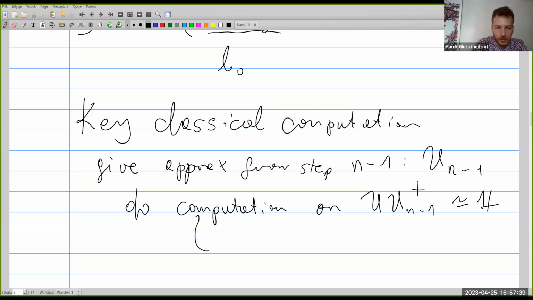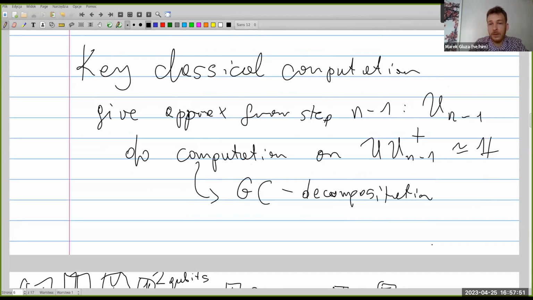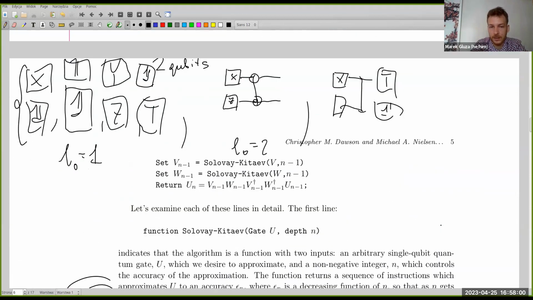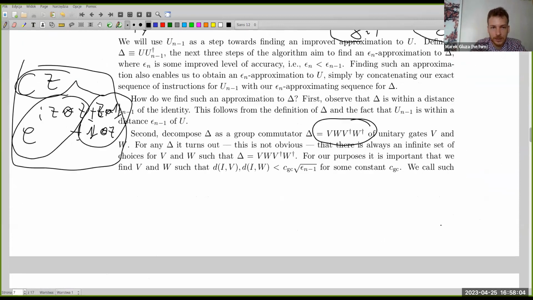And this computation is GC decomposition. That will answer the question by Kunhi, what happens if I have 100 qubits? If you want to be using Solovay-Kitaev on 100 qubits, you need to be able to do this group commutator decomposition on 100 qubits. Okay, so let's look at the group commutator decomposition.